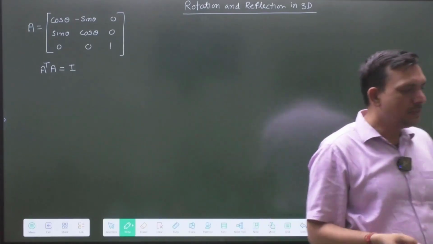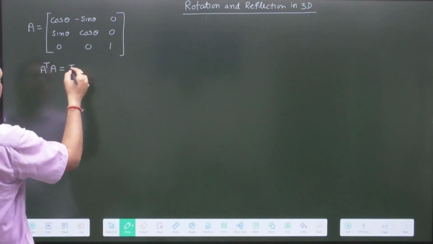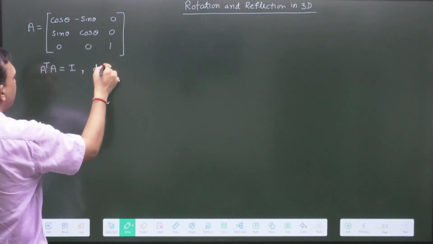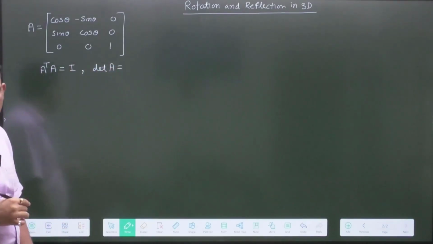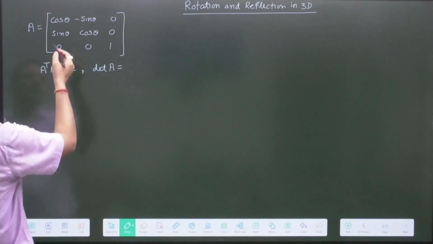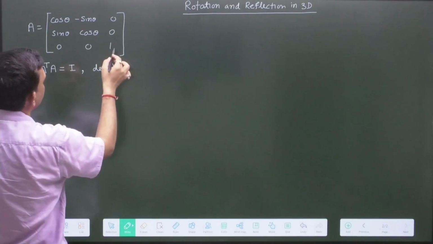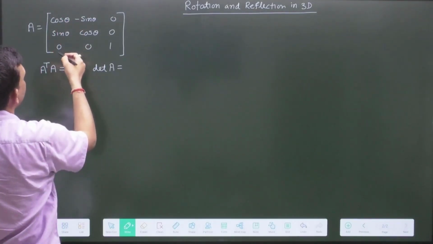First you have to check this is an orthogonal matrix, and if you find the determinant of A, what will it be? Just see, this will again give you plus 1, because if you expand about this row, this is with plus, because the signs are plus minus plus minus plus.